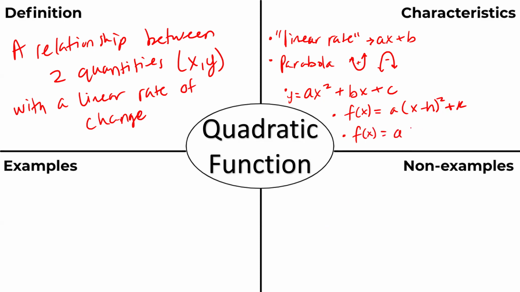And root is a times x minus r1 times x minus r2. This one will be new to you. It will be something we utilize, not something that you have done before. It's called root or factored form, depending on who's telling you.